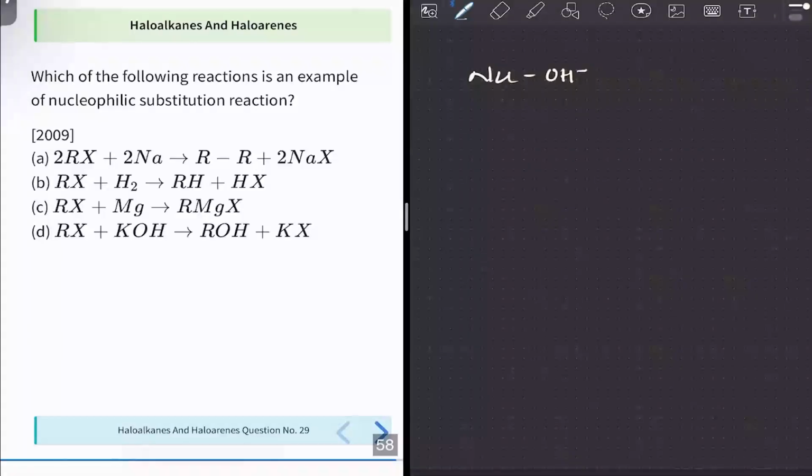So go through all the questions again, solve them by yourself without seeing the solution, and revise the short notes, the reaction mechanisms, and the physical and chemical properties of all the haloalkane derived products given in the last two pages of the NCERT chapter. Okay, so let's end the session here. Thank you.